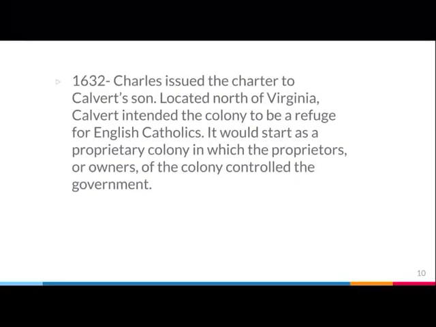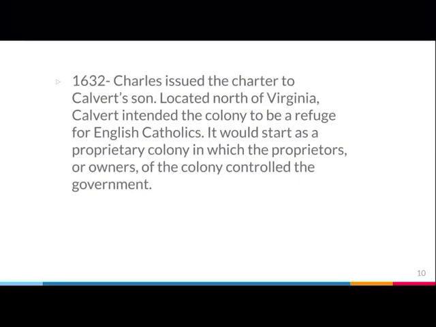And so years later, Charles eventually issued the charter to Calvert's son. This charter gave the land located north of Virginia as a colony to be, and Calvert intended this colony to be a refuge for English Catholics, right?